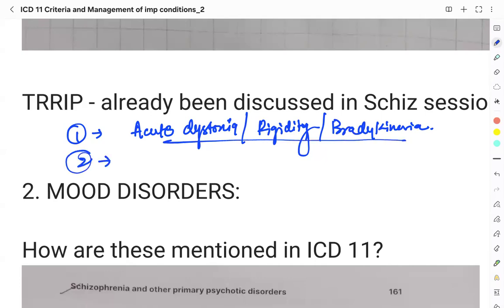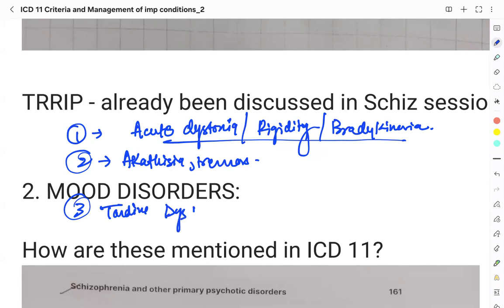Coming next. You have akathisia, tremors. Then you have tardive dyskinesia. First, tardive dyskinesia. When does it usually occur in cases of treatment with antipsychotics?